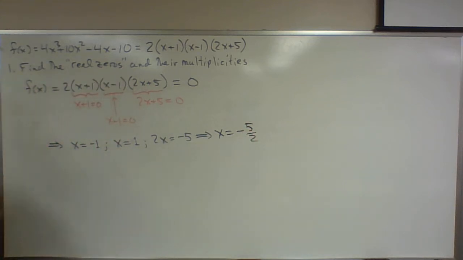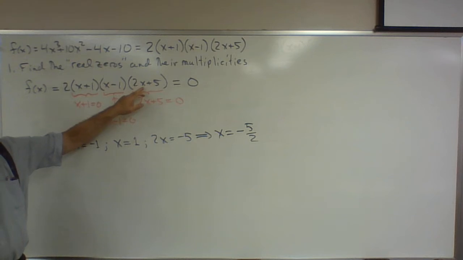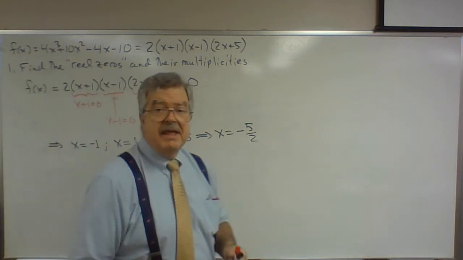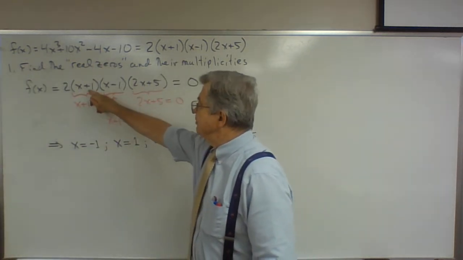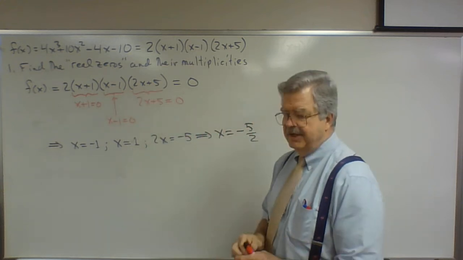Those are our real zeros. And notice that each of these factors is raised to the power of 1. So the multiplicities are all 1.